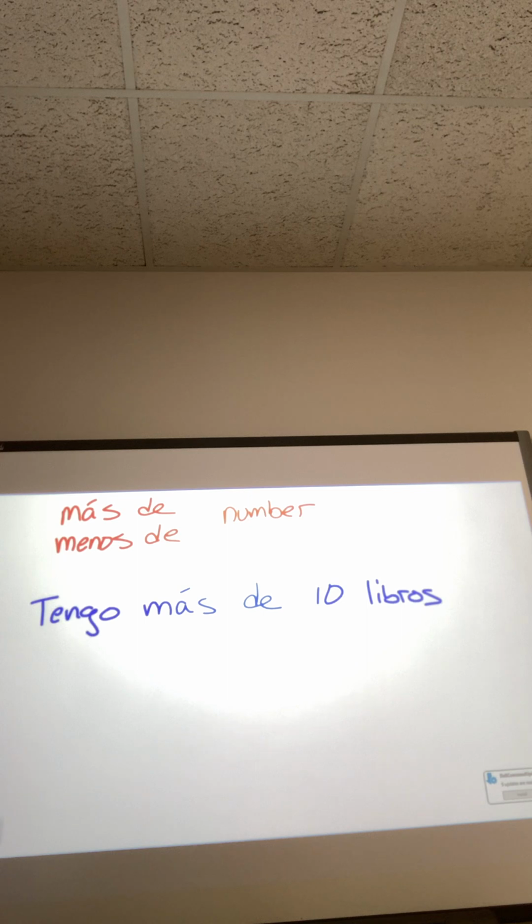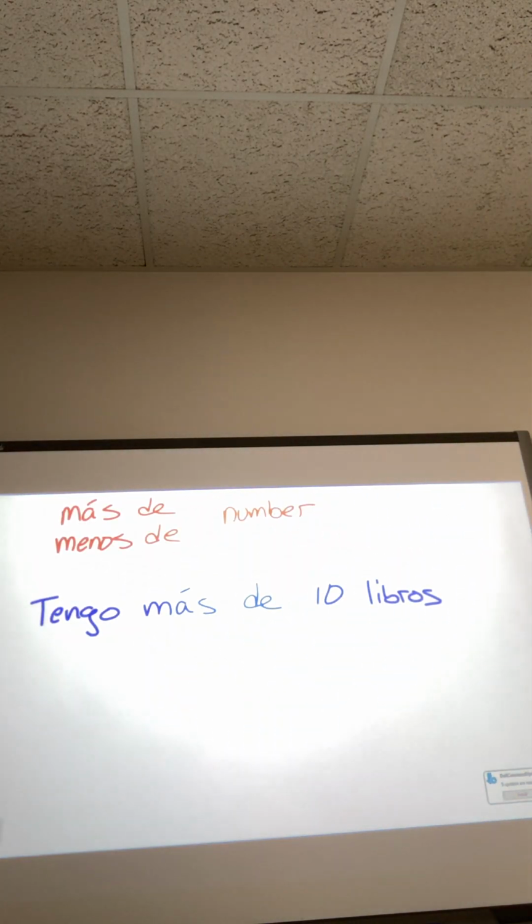Sometimes we use numbers when we do an unequal comparison. In this case, I suppose I could have gone with the same formula. Joe tiene más de 10 libros. Joe has more than 10 books.